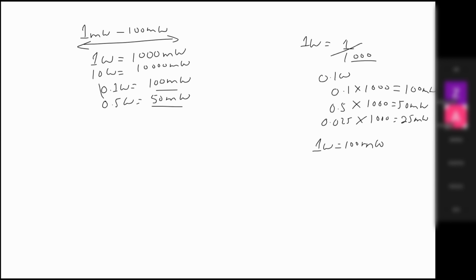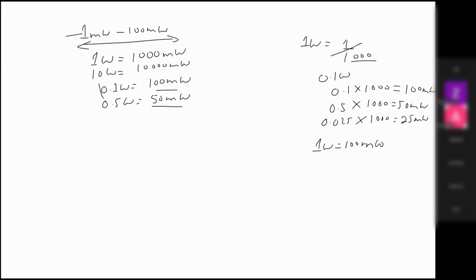And what is the reason we are changing from watt to milliwatt? Because the signals that we are using have very small power values. Suppose this is 1 milliwatt. If I want to represent the same thing in watts, how much will it be?